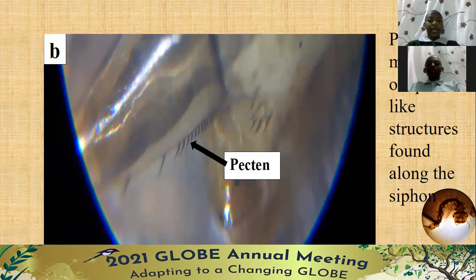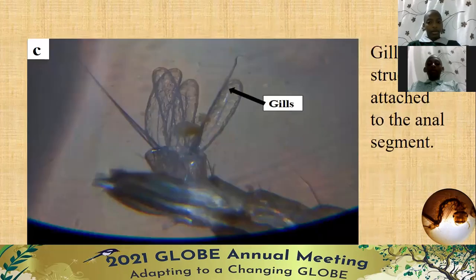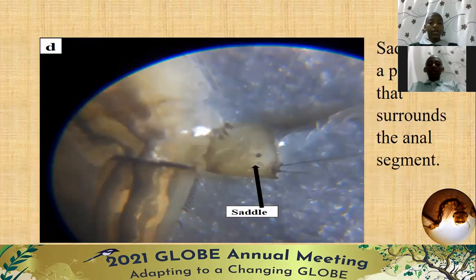Pecten. Pecten is made up of spine-like structures found along the siphon. Gills. Gills are structures attached to the anal segment.